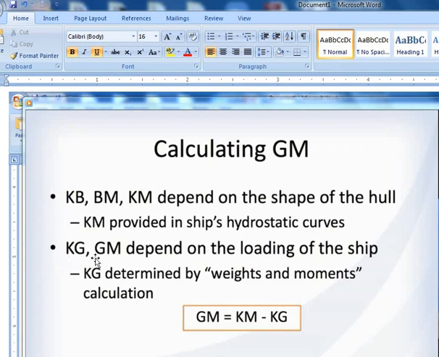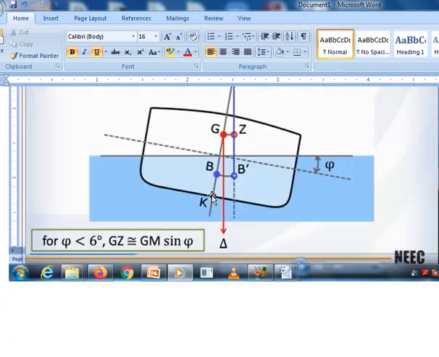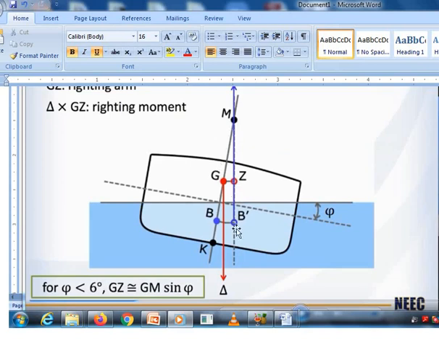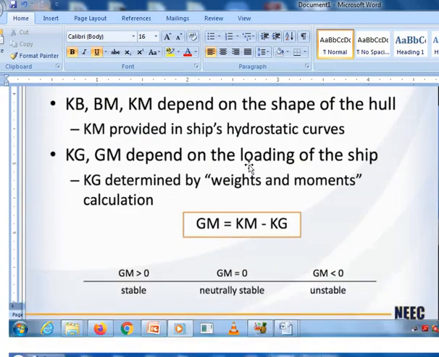With the KG and the GM, I repeat, it depends on the load. How you load your ship will determine the KG and the GM.